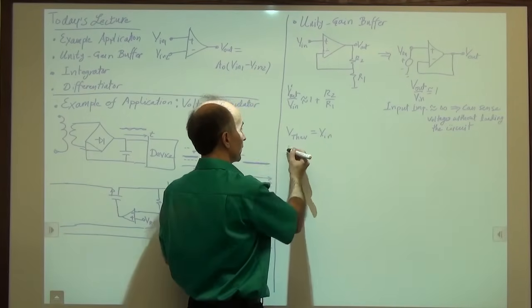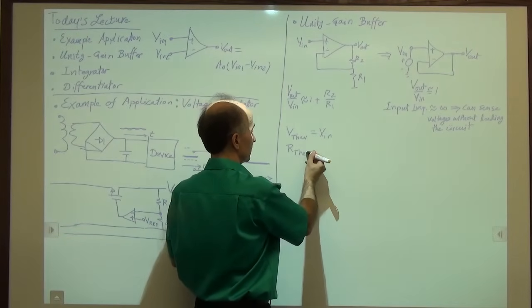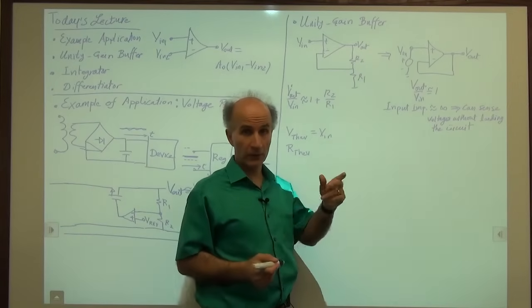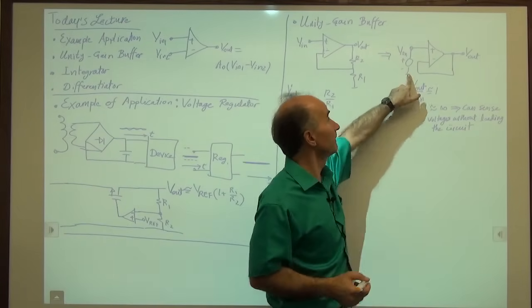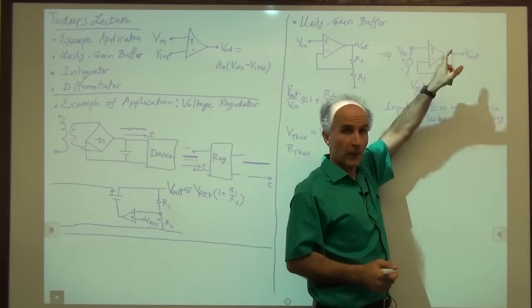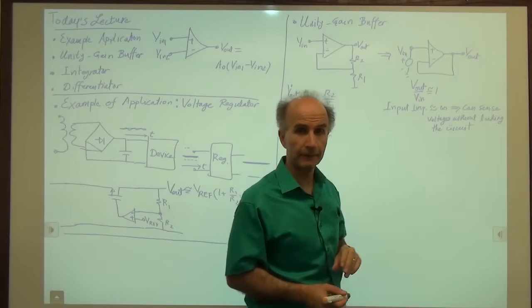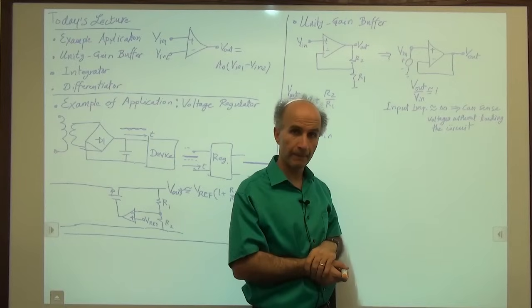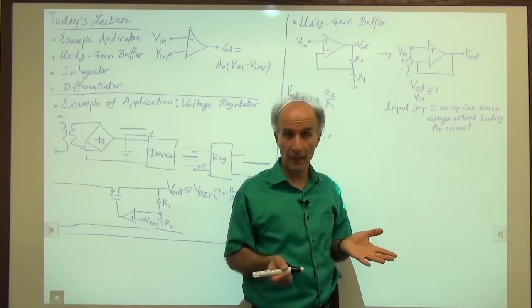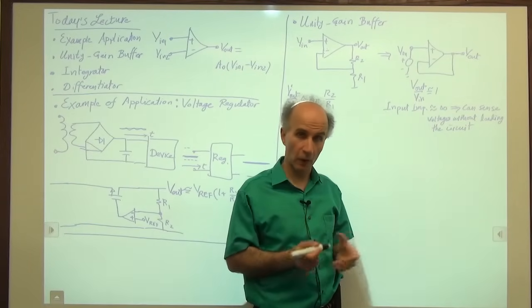But now we need to find Rthev. And we know how to do that. We set all independent sources to 0. So this goes to 0. We apply voltage from outside and measure the current. But we need a model for this op-amp. How do I model that? Okay, well, we said that, for example, the 741 has an output impedance of 75 ohms.